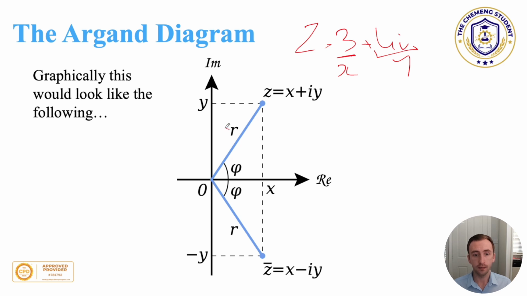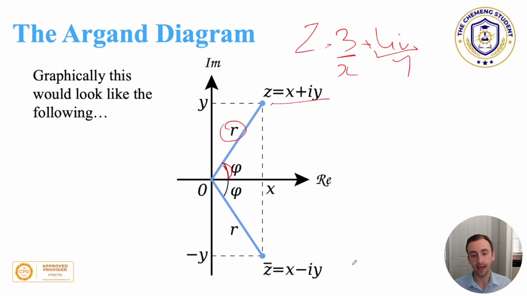Now, r here is our distance. So that is our modulus of the complex number, and then the angle here is our argument. Now you might say, well, how come you have 2? Well, here this just illustrates the conjugate and the respective complex number, because the top line here is the complex number.